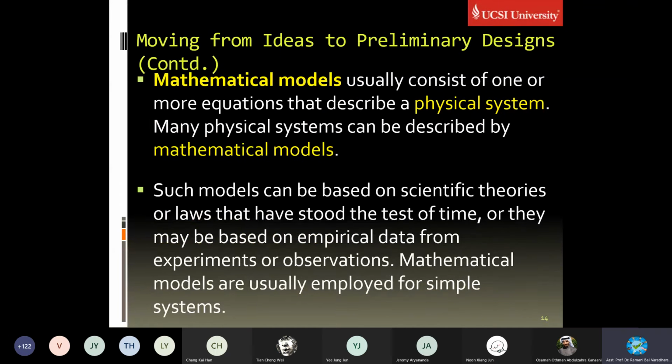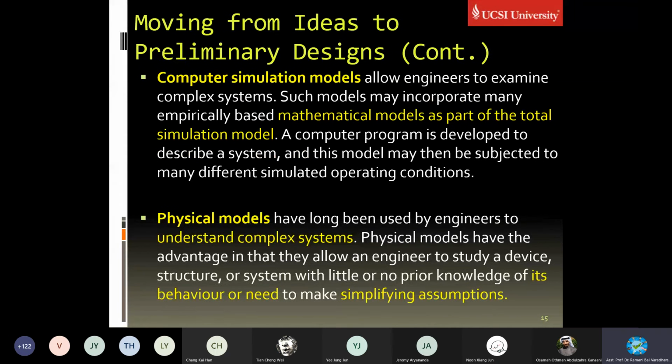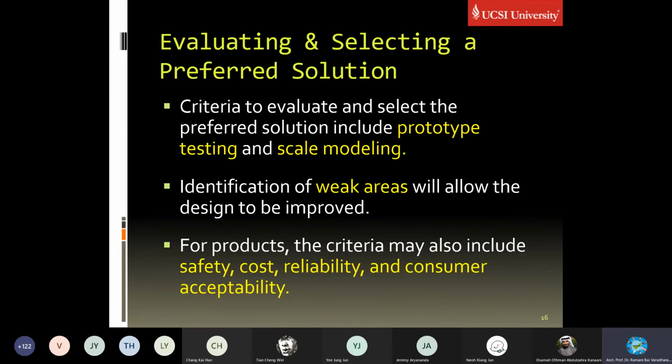So number 1 is the mathematical model, number 2 is the computer simulation model, number 3 is a physical model. These are the ways you can transform your ideas into a proper design, prototype model, or a method, and so on. After all done the design, go for evaluation, selecting a preferred solution.